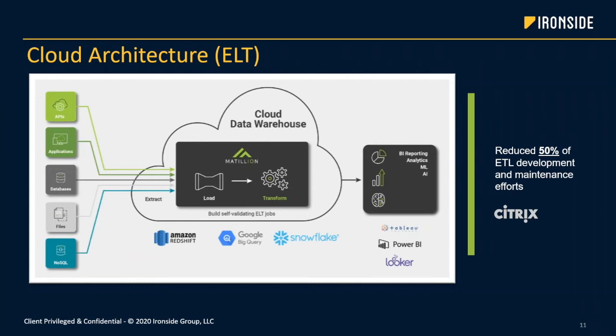In a cloud architecture, you still have your ETL, your cloud data warehouse, and your reporting layer. In a Matillion architecture where we subscribe to what we term ELT, your cloud data warehouse is doing all of the workload. And what's really unique about a cloud data warehouse as opposed to your traditional databases is that it is elastic.